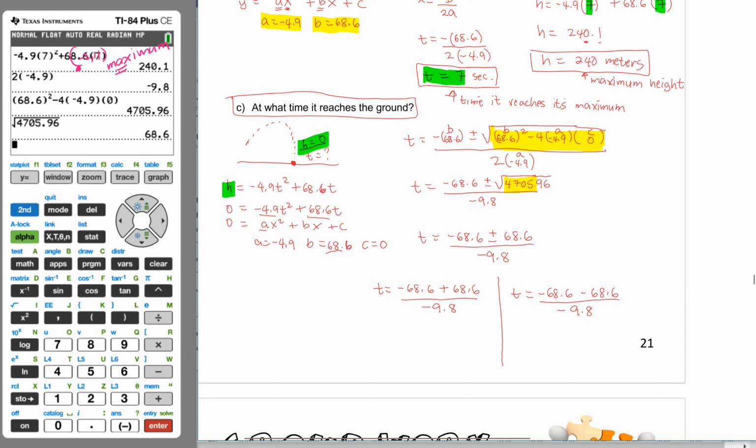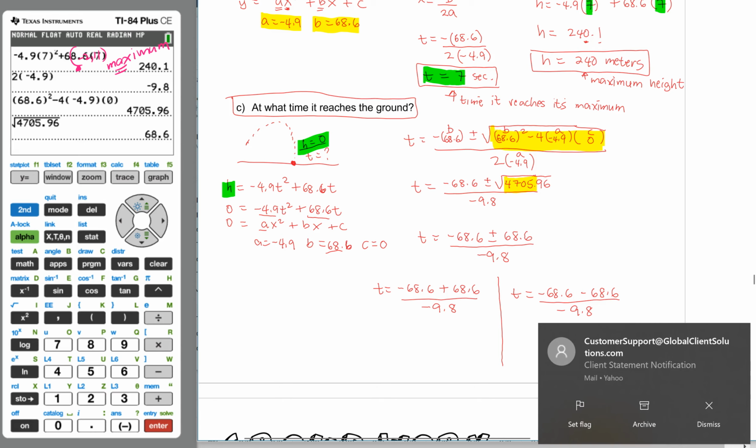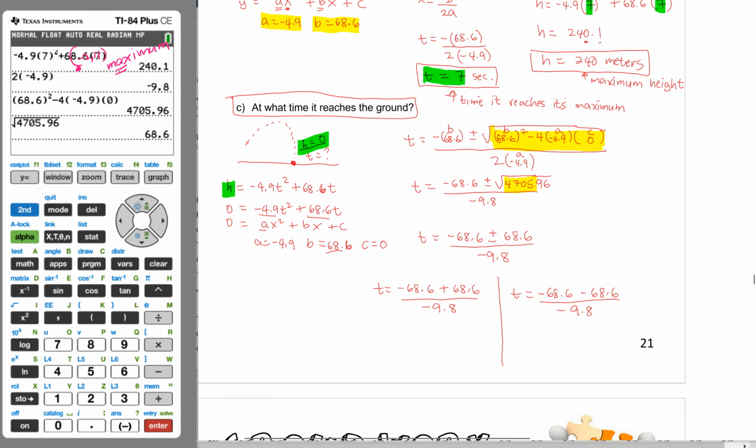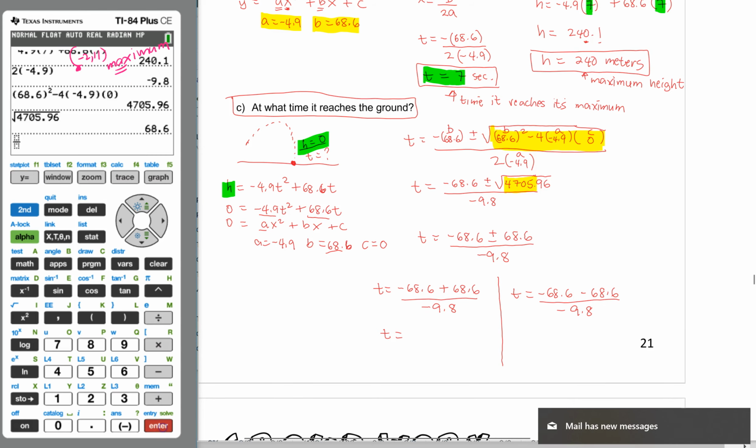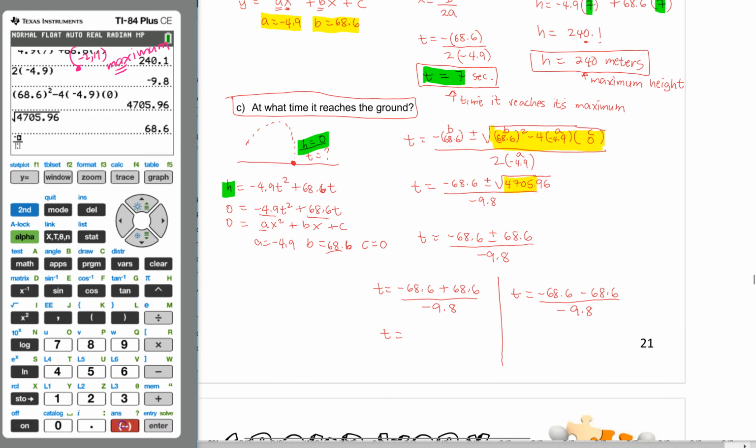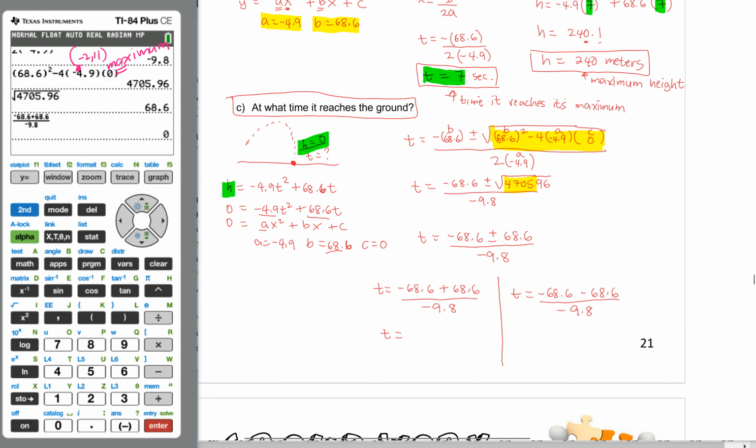Then let's do that in the calculator. Again, I don't want you to do it one at a time. Do everything in the calculator. So you have t equals, use alpha y equals, press enter, and then negative 68.6 plus 68.6 divided by negative 9.8, press enter, and this one gives you 0 again.